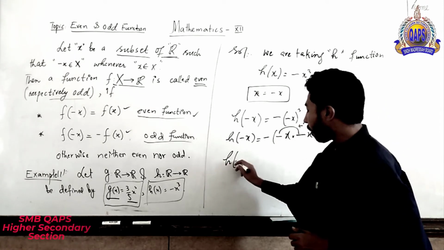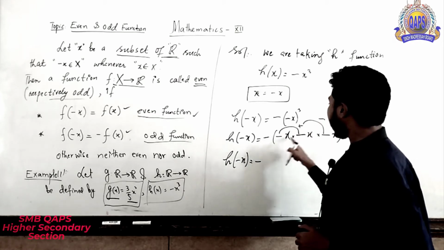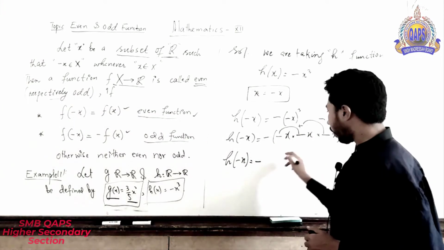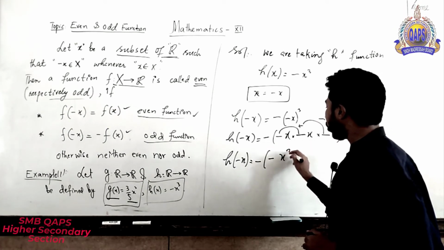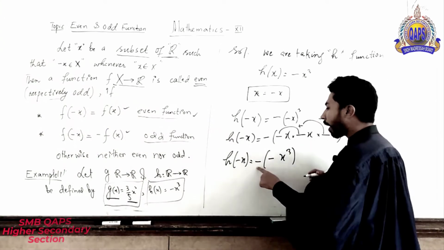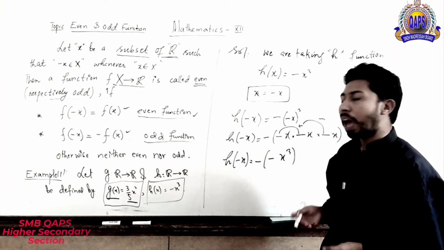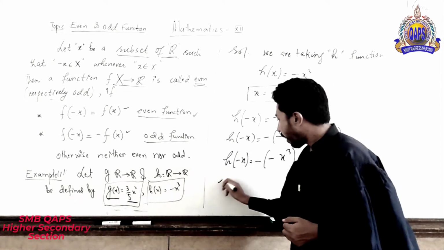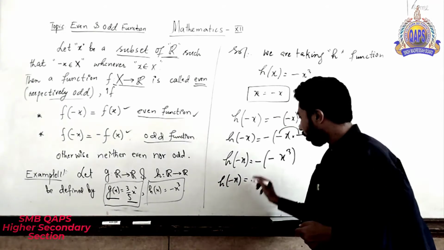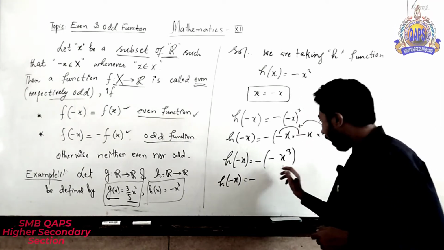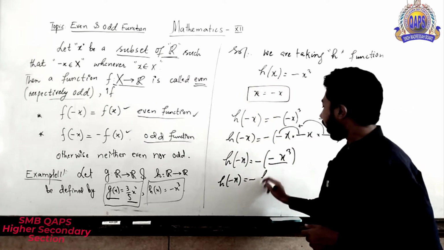So h of minus x remains minus, minus minus plus, plus minus minus. So minus x cube. Or you can say that h of minus x is equal to this minus, which is the same, and this function is equal to h of x.